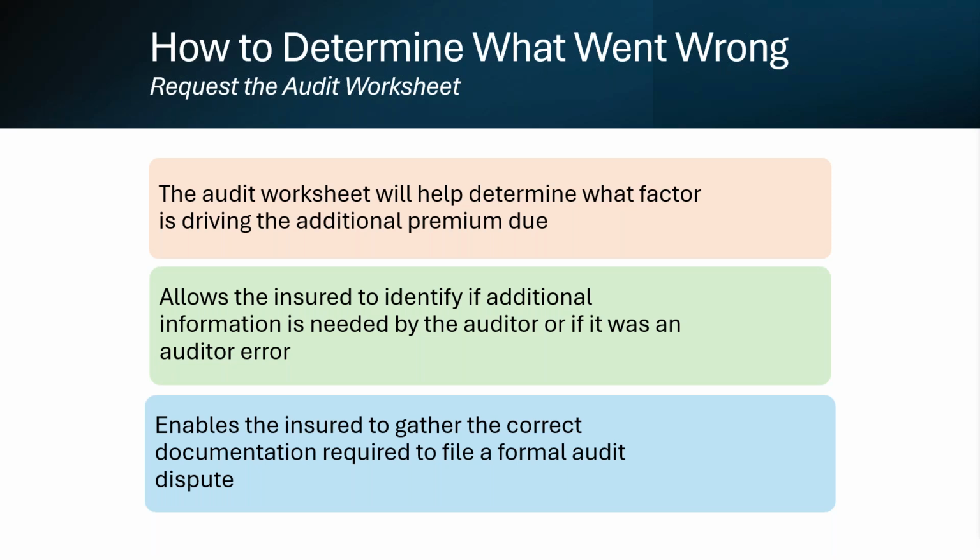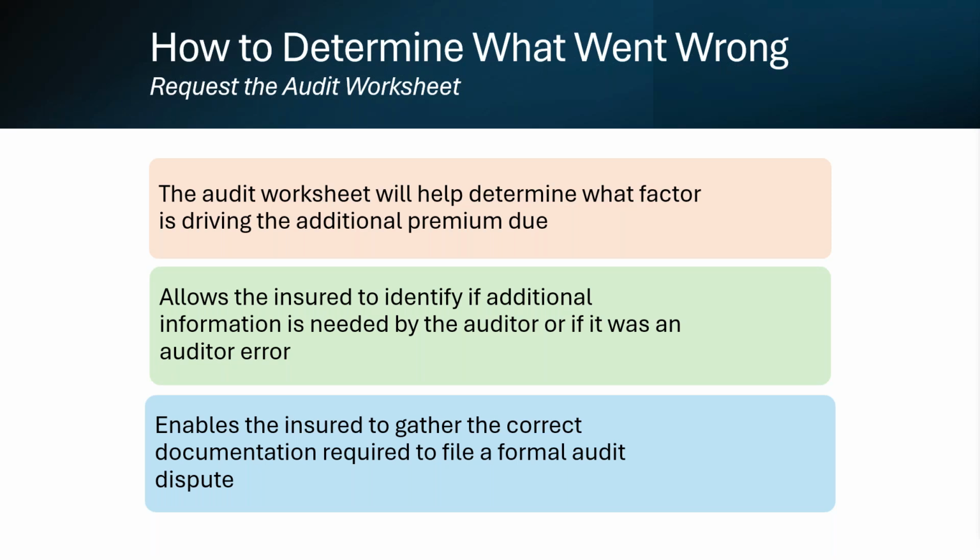For example, if you believe an officer was potentially included in the final audit when an exclusion form was sent to the carrier, the audit worksheet will allow you to see how the auditor classified the officer as either included or excluded. Another thing is the audit worksheet allows the insured to identify if additional information is needed by the auditor or if it was an auditor error.